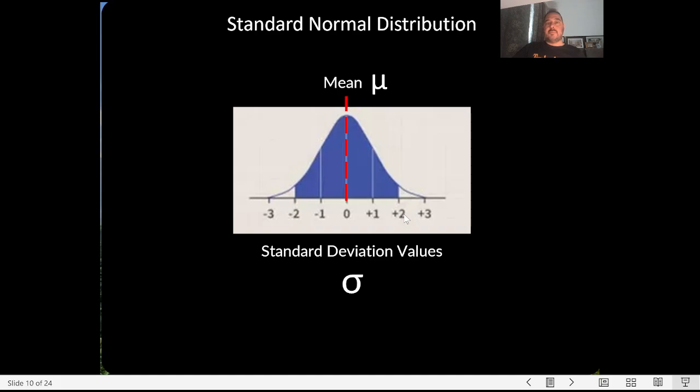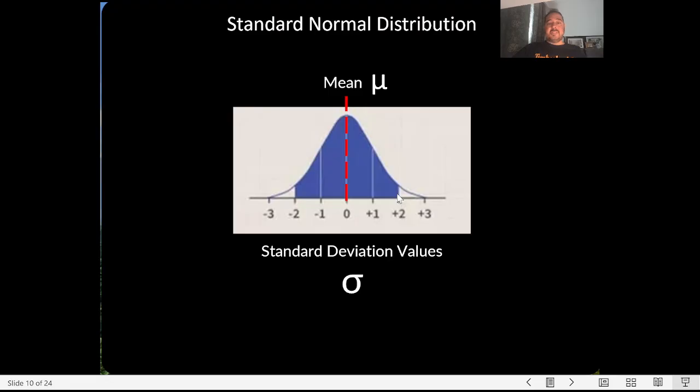So we will say that in a standard normal distribution, if the value of sigma is plus 2 or minus 2, 95% of the observations will fall within this curve, the bell curve. It is like a bell.